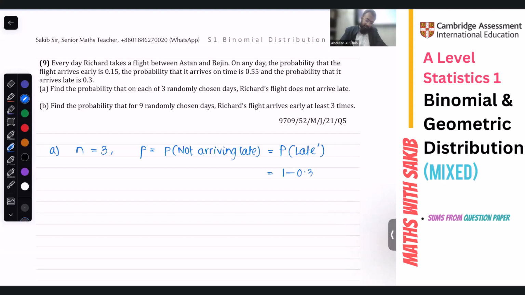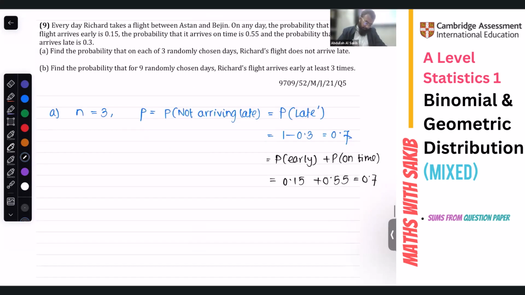So it will be 1 minus 0.3, that is 0.7. Or you can do early plus on time. The probability of early plus the probability of on time gives the same answer: 0.15 plus 0.55, that is also 0.7. The probability of success is 0.7. Clear? So the probability of failure will be 0.3.